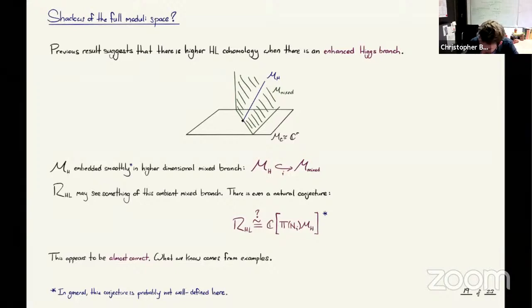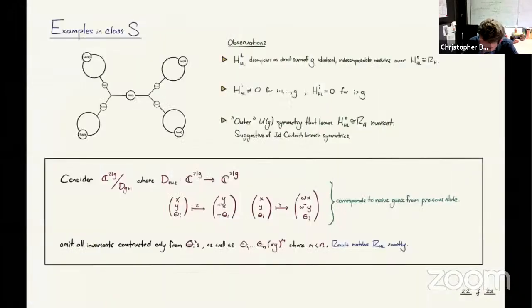And so I'm just going to jump to the results. So now I'm jumping ahead a bunch of slides, but I'm trying to be faster. With a fair amount of work, you can compute this structure for an infinite class of examples, which are the so-called class S theories of type A1, which are Lagrangian theories.